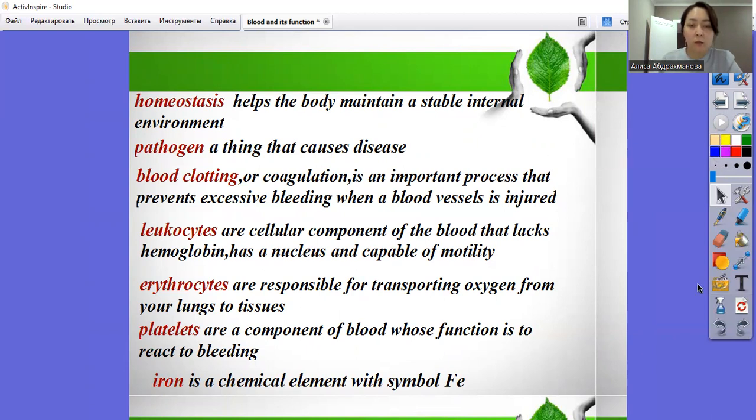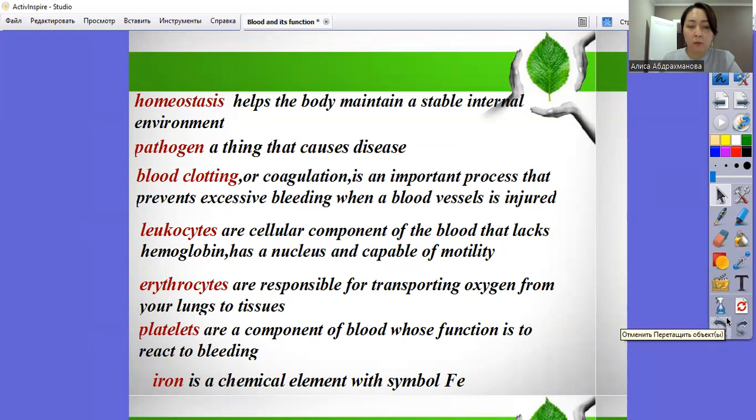Leukocytes are a cellular component of the blood that lacks hemoglobin, has a nucleus, and is capable of motility. Лейкоциттер, немесе қанның ақ жасушалары, бұлардың құрамында гемоглобин жоқ, ядросы болады, және бұлар қозғалуға қабілетті. Erythrocytes are responsible for transporting oxygen from your lungs to tissues. Эритроциттер, бұлар өкпедегі қанды бүкіл ағзаға, ұлпаларға тарататын қызыл қан жасушалары.